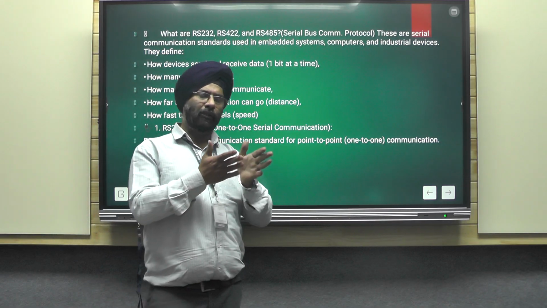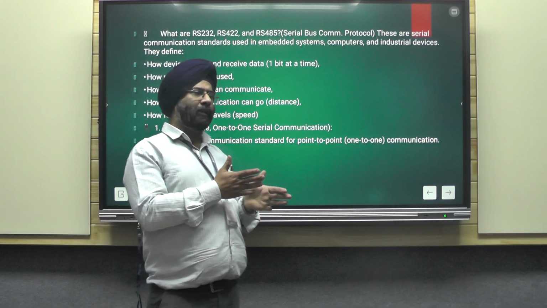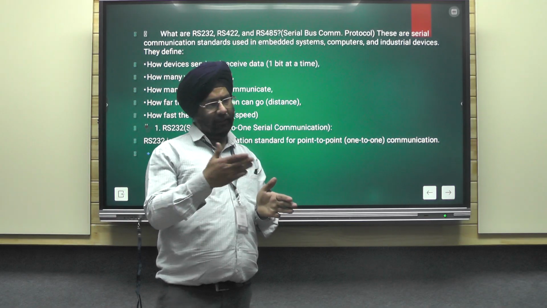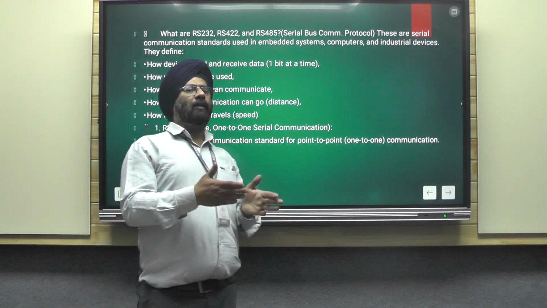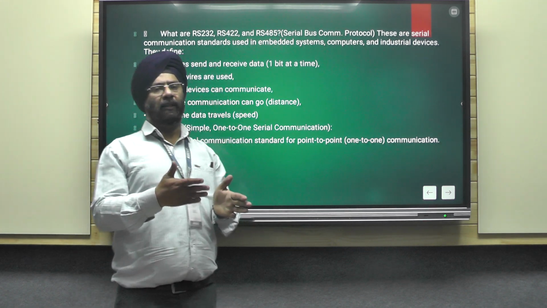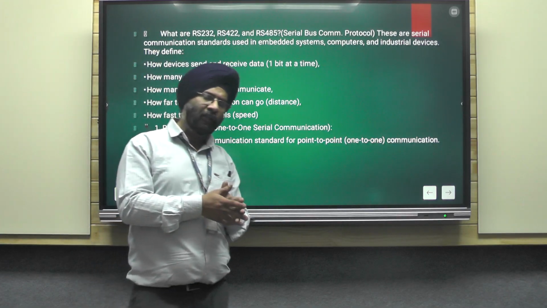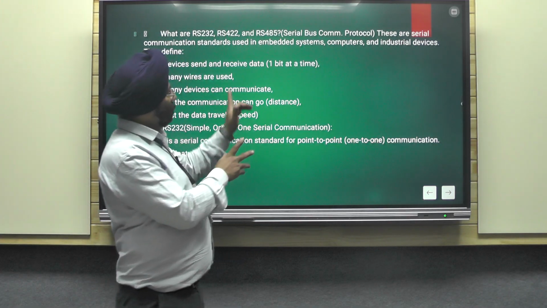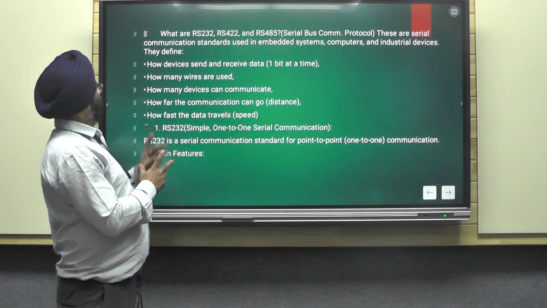In parallel communication, all the bits are sent at one time. But in serial bus communication, one bit is sent, then the other. It means however many bits there are, that many seconds we need to send them from transmitter to receiver. So this is serial bus communication.